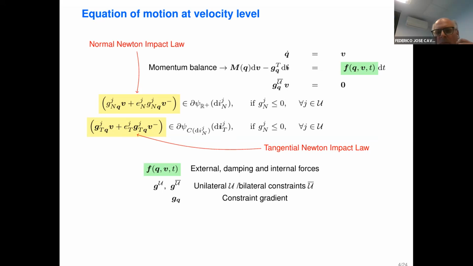Di is the measure of the impulse, and F is the vector which collects external, damping and internal forces, for example, and dt is the Lebesgue measure.